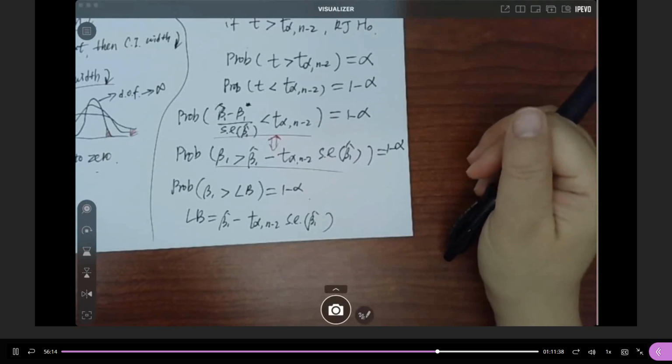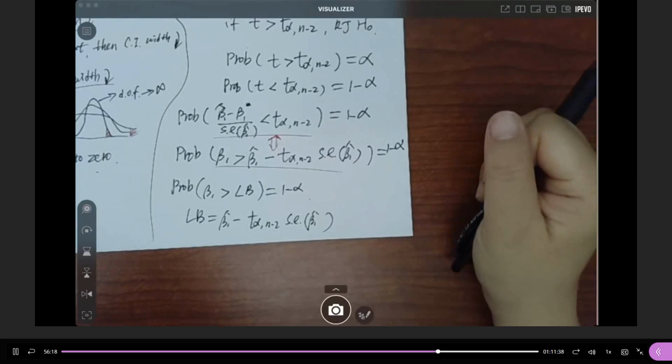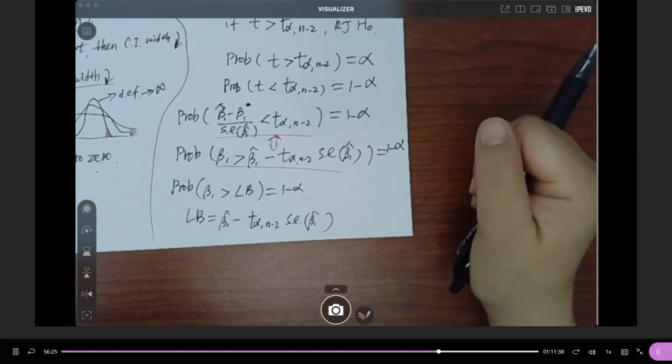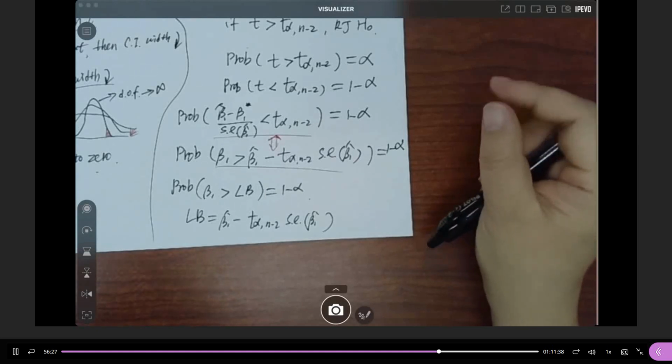In the interval case, it's easy. We just check if the interval includes the hypothesis value. If it does, you basically fail to reject, right? If it doesn't include it, you reject.